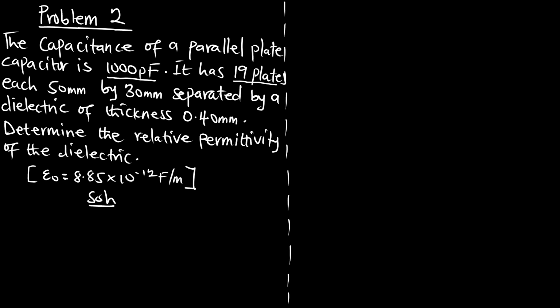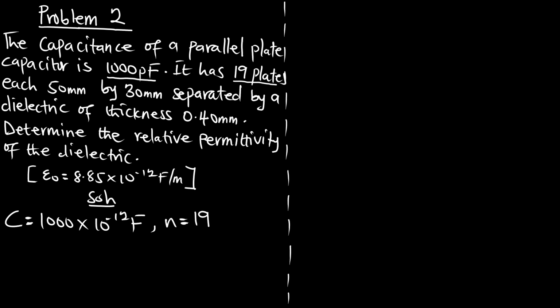From the question, we were given the capacitance of the capacitor, which is C, and that is 1000 picofarad, and pico is 10 to the power negative 12, that is farad. What other information? We have 19 plates, which is n, the number of plates is 19.